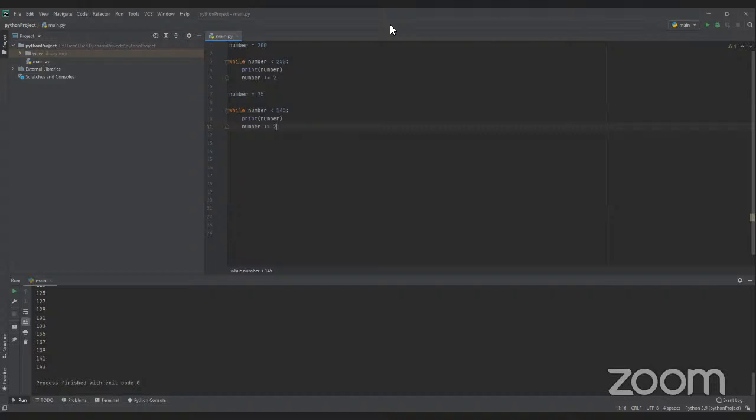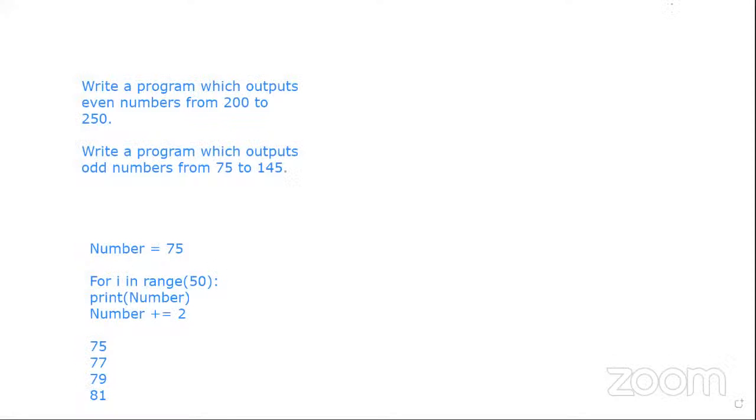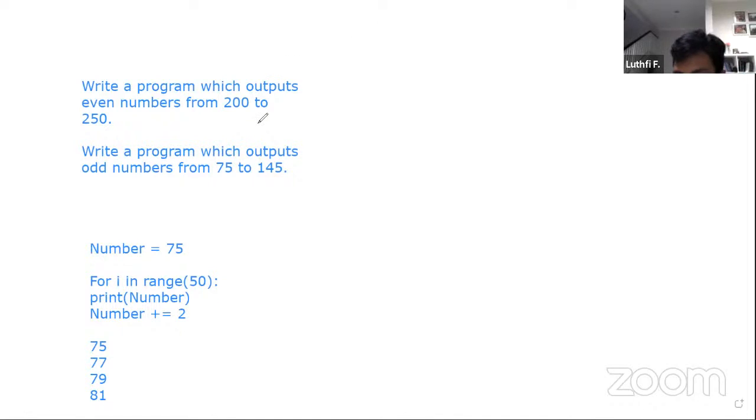I'll give you another task. So wait, Lutfi, are you done with the first and second? Yeah, the while loop. I can change it to the odd ones. Hang on.